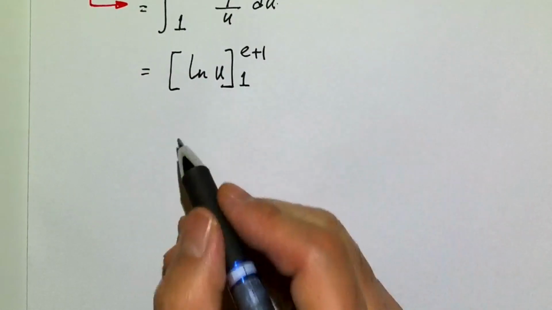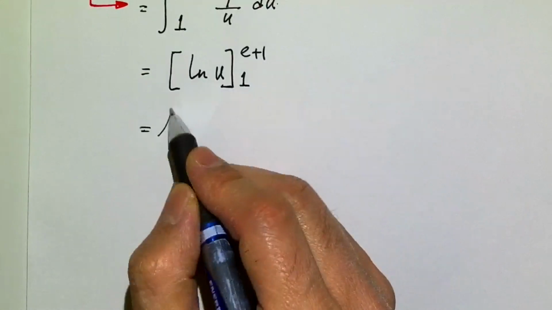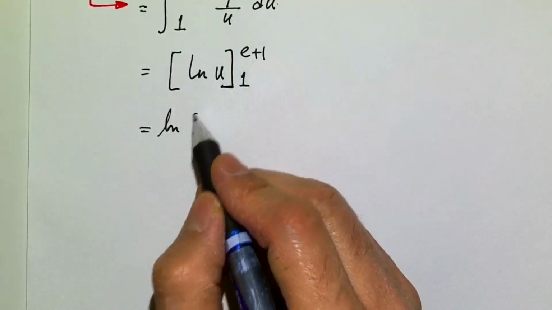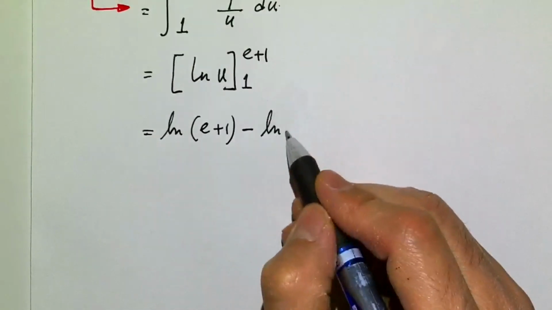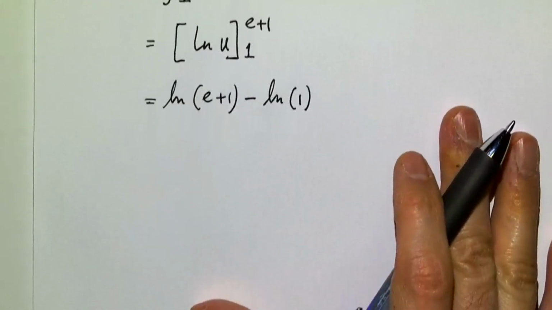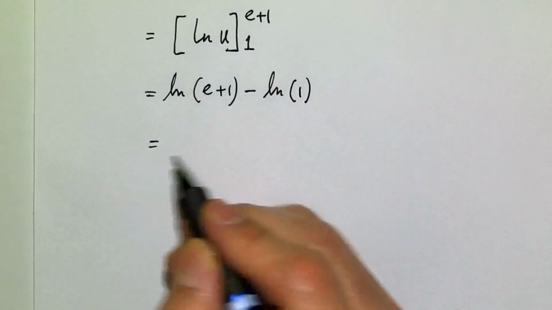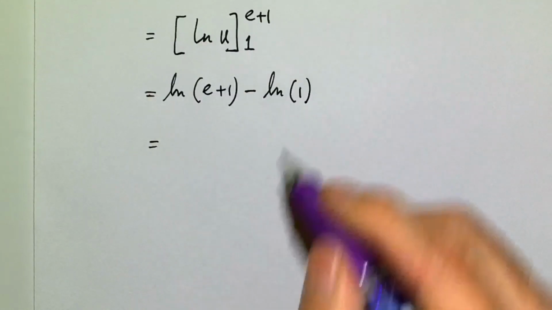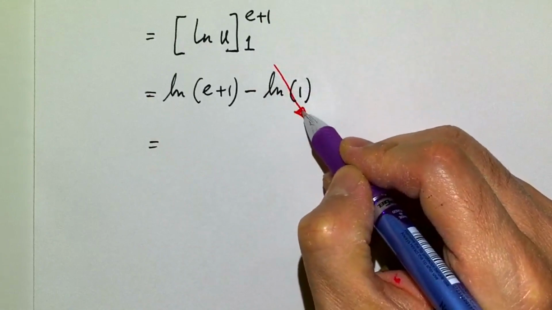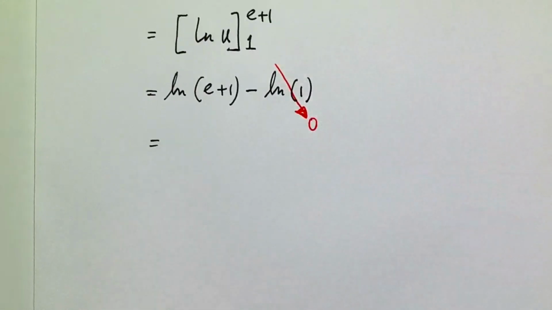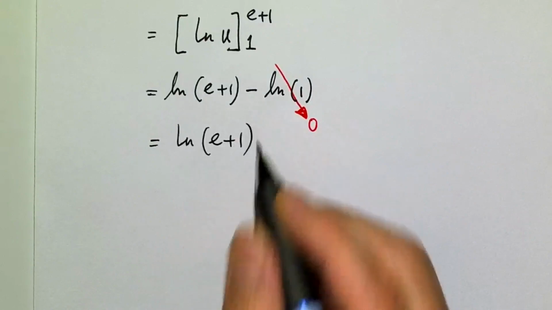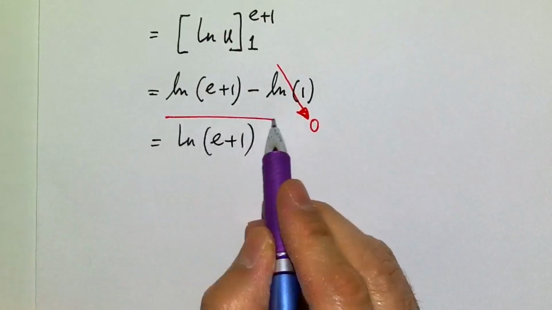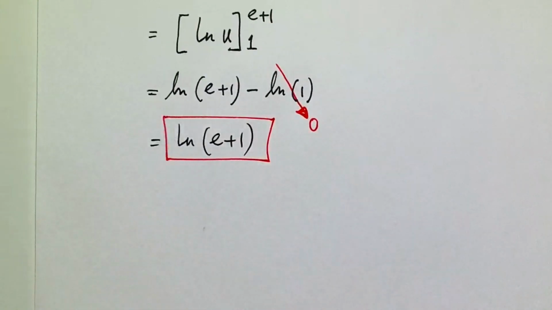All right? Okay, great. So let's plug in. We have natural log of e plus 1 minus natural log of 1. And what are we going to get? That piece is 0, right? Natural log of 1, we know it's 0. So we end up with natural log of e plus 1.